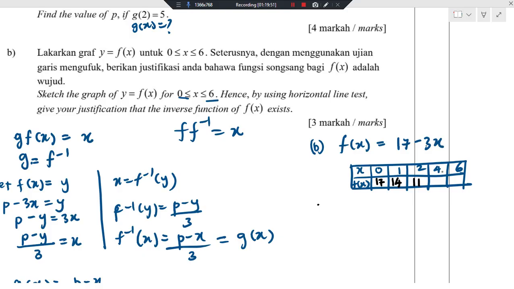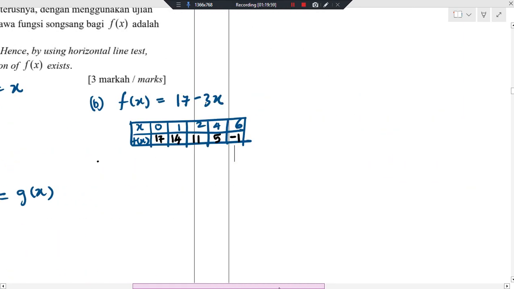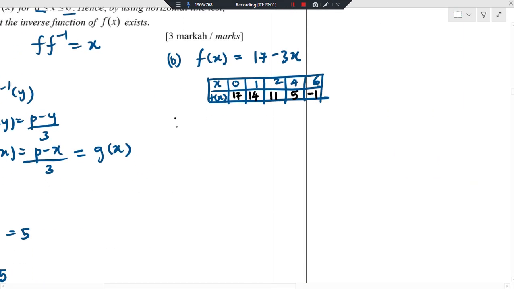So, your x is here. But your fx must be slightly negative. Because kita ada negative 1. So this is 17, 0, 17, betul tak? When it is 6, just sketch it.